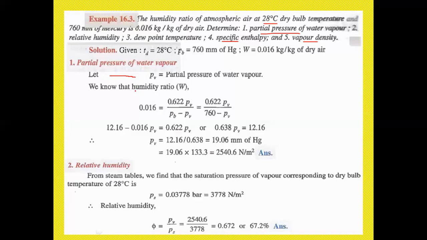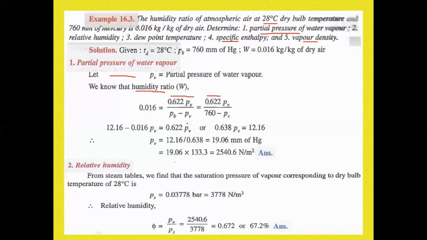As per the psychrometric property, the humidity ratio W is equal to 0.622 PV divided by PB minus PV. Substituting, 0.622 PV divided by 760 minus PV.